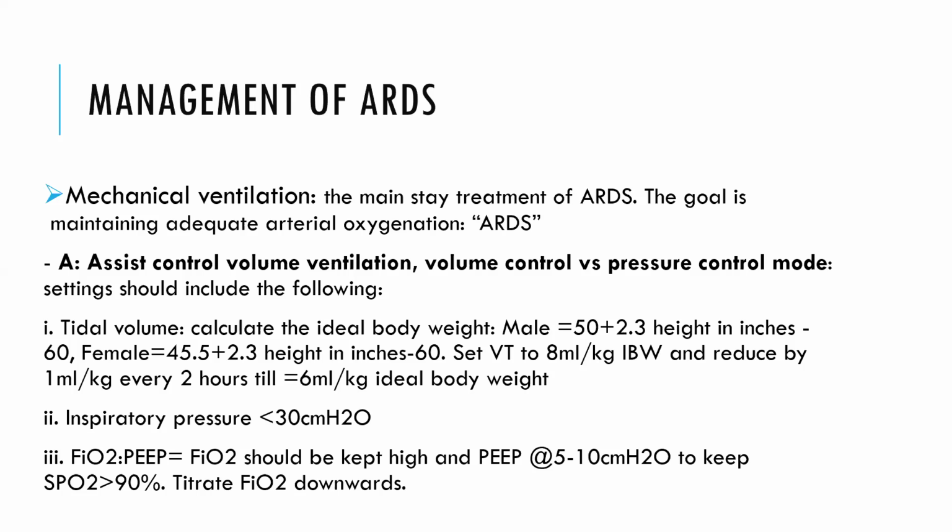So you want to increase your PEEP to get your SpO2 greater than 90, and then you begin to titrate your FiO2 downwards. Don't forget that high FiO2 for a prolonged period of time will lead to oxygen toxicity and all that. So it's important for you to increase your PEEP in order for your FiO2 to come down as quickly as possible.